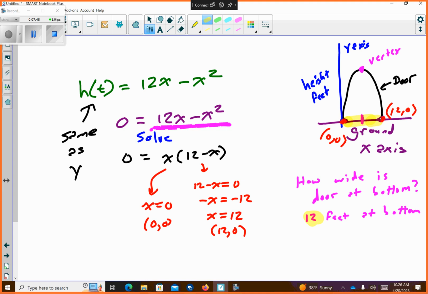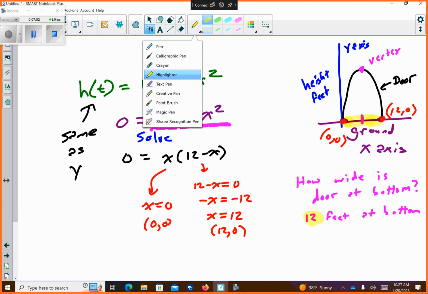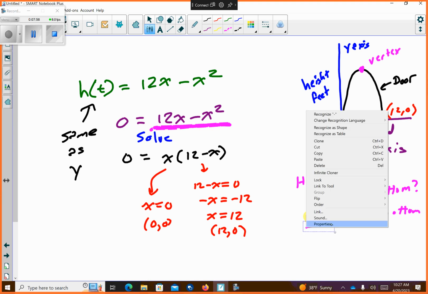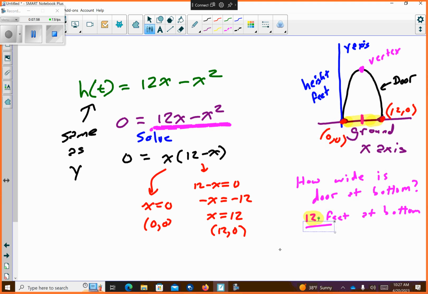All right, so let's see if we can figure this out a little bit further. So if the distance between the doors is 12, what is halfway in between 0 and 12?